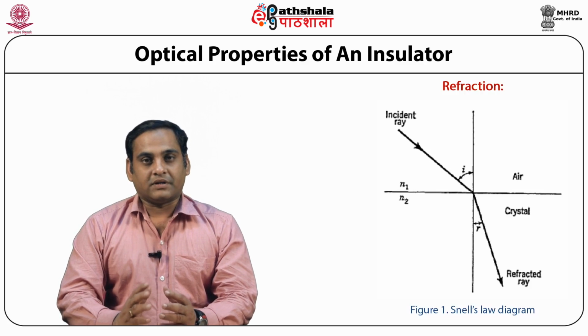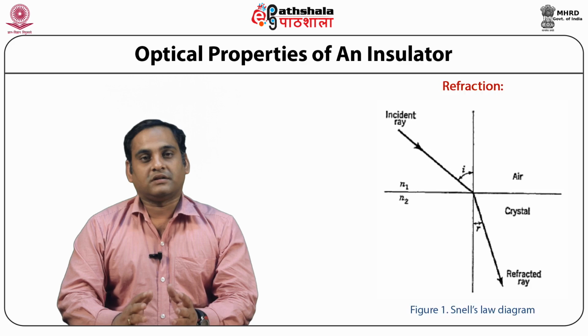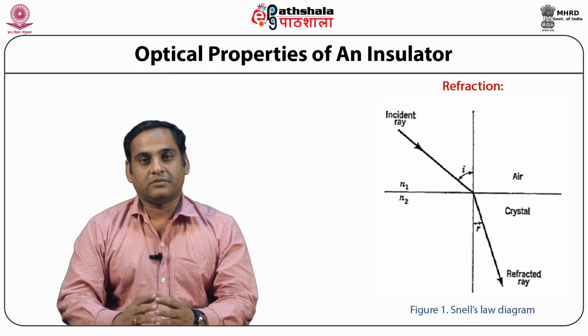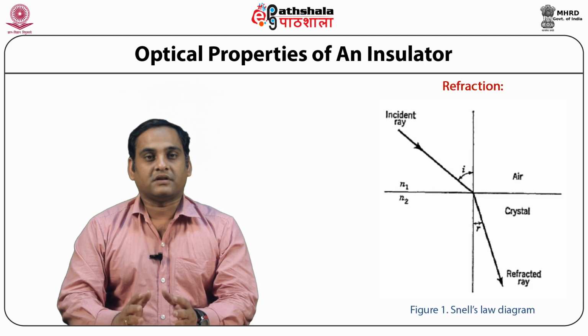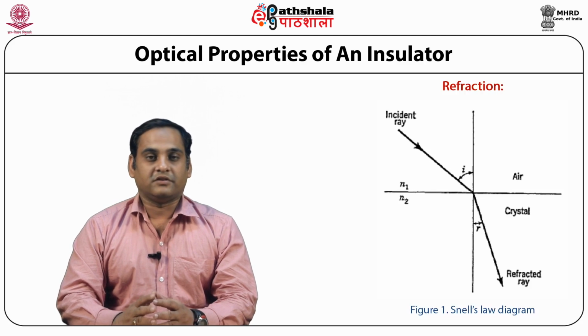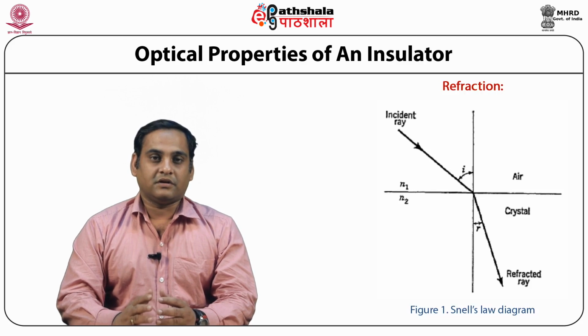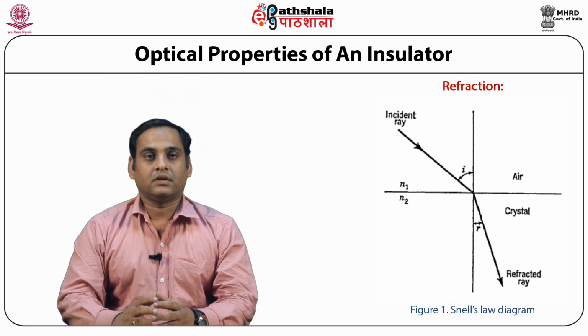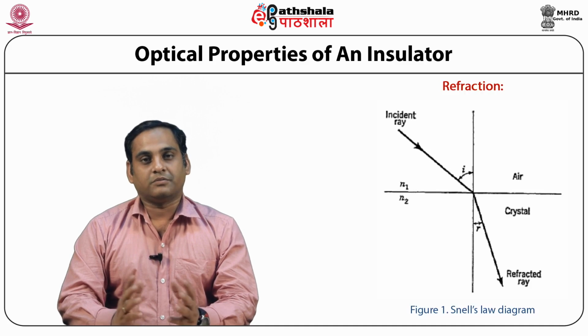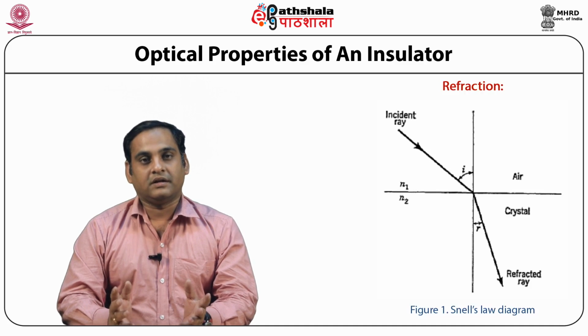When a light ray passes from air into such a crystal, its propagation direction usually is altered by a small amount. This phenomenon is called the refraction of light, and the angle of refraction r is related to the angle of incidence i according to Snell's law, that is sin i divided by sin r is equal to n2 by n1, where n1 is the index of refraction of air and n2 is the index of refraction of the crystal.